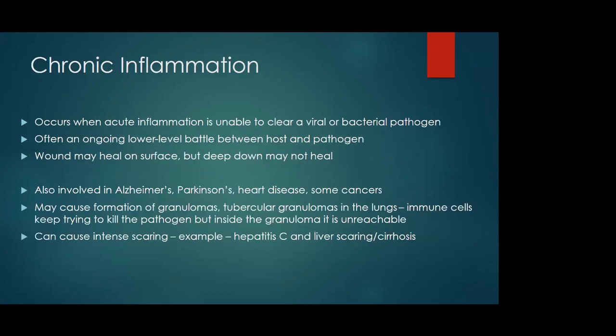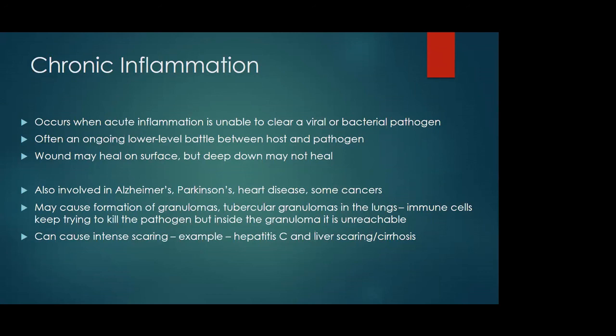Chronic inflammation is a lot different than acute inflammation. Chronic inflammation happens when acute inflammation doesn't clear all the way. A lot of times that's in response to a viral pathogen or a bacterial pathogen, or an ongoing low-level battle between the host and pathogen. So a pathogen that's there, not doing a ton of damage, the immune system's recognizing it, but not ramping up a ton.